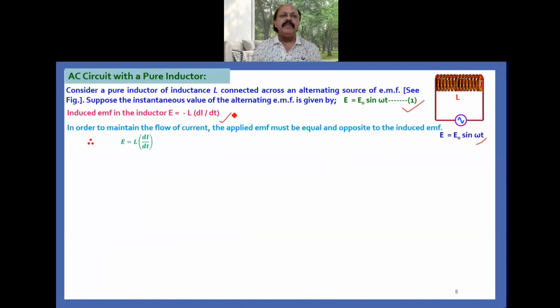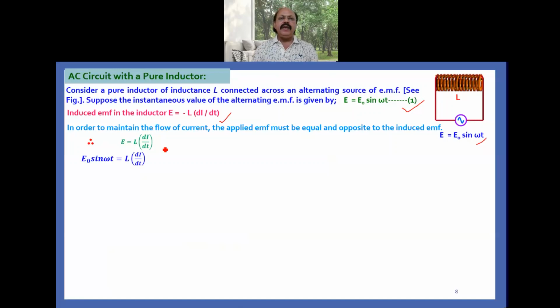So E equal to L di upon dt. Basically it is E equal to minus the induced EMF. Since the induced EMF is minus L di upon dt, minus minus becomes plus. So E equal to L di upon dt.